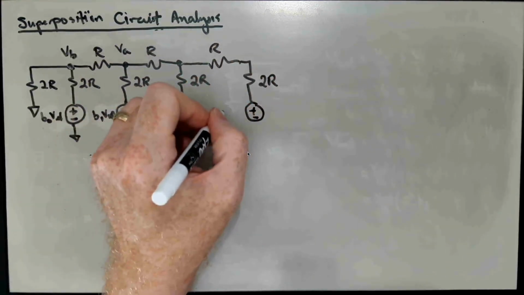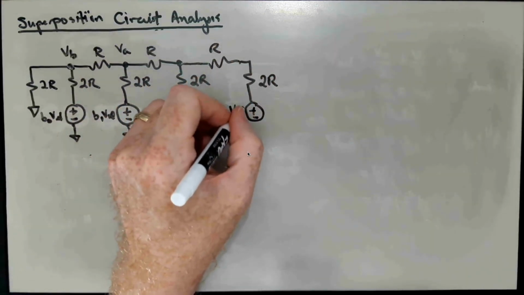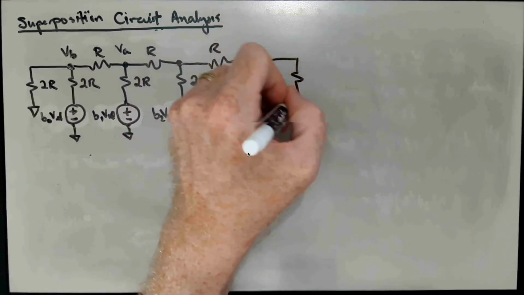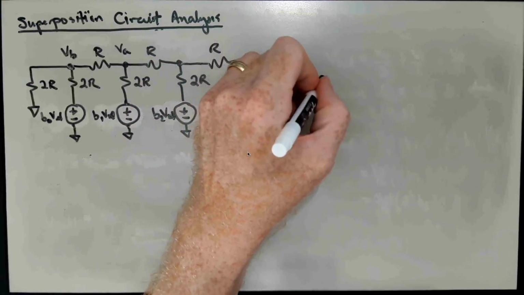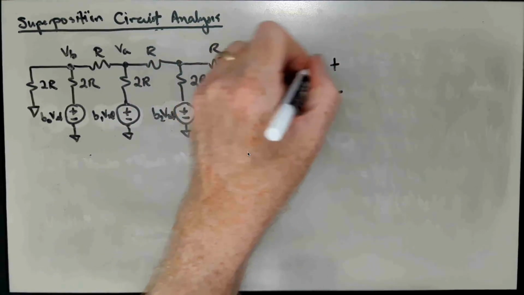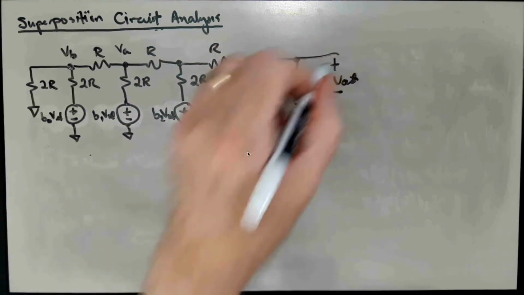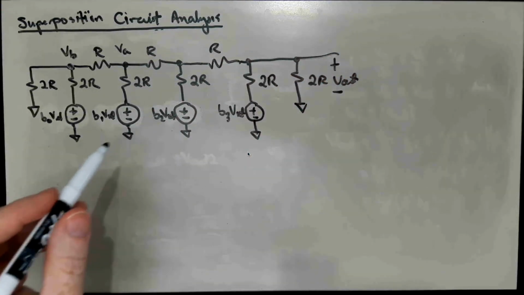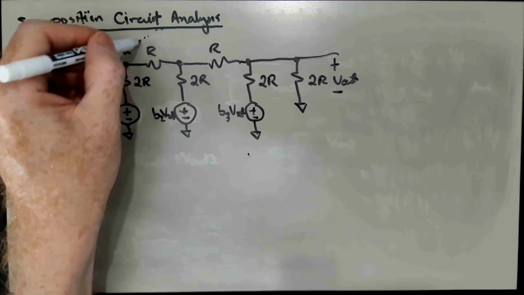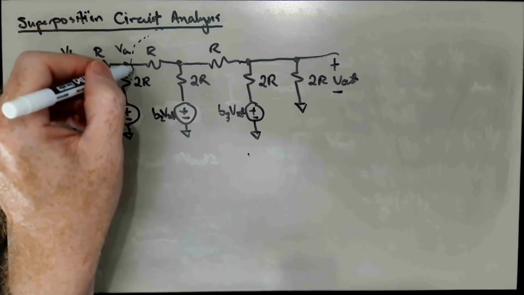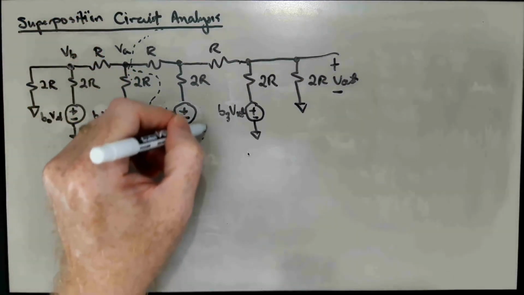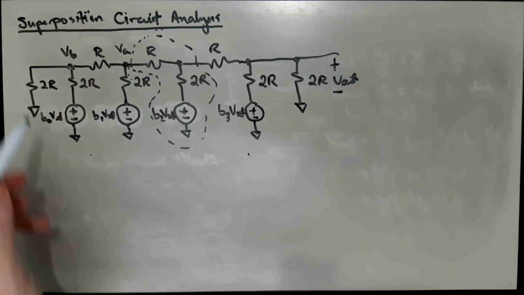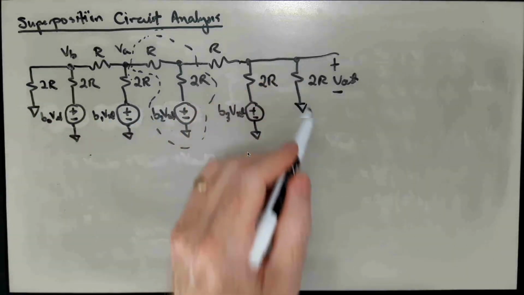Our new most significant bit would be B3 Vref. And then we would hang another 2R off here in parallel. And this would be Vout. So the unit cell, if you like, is the structure, and we have a terminal structure here on the left and a terminal structure on the right.